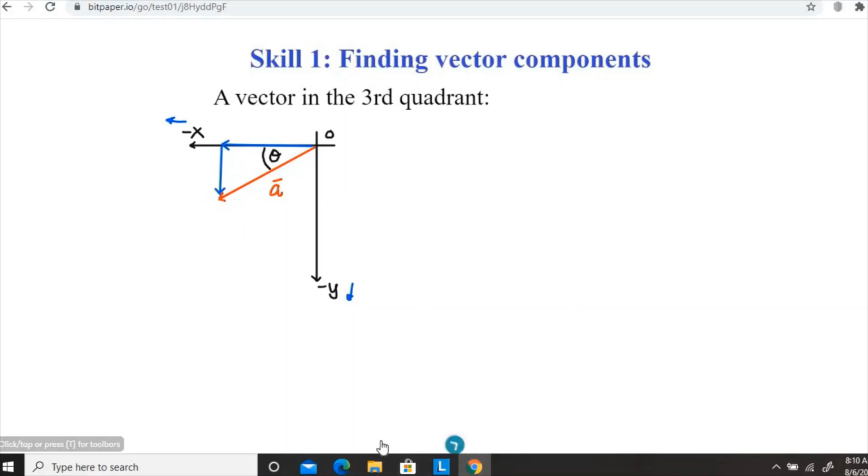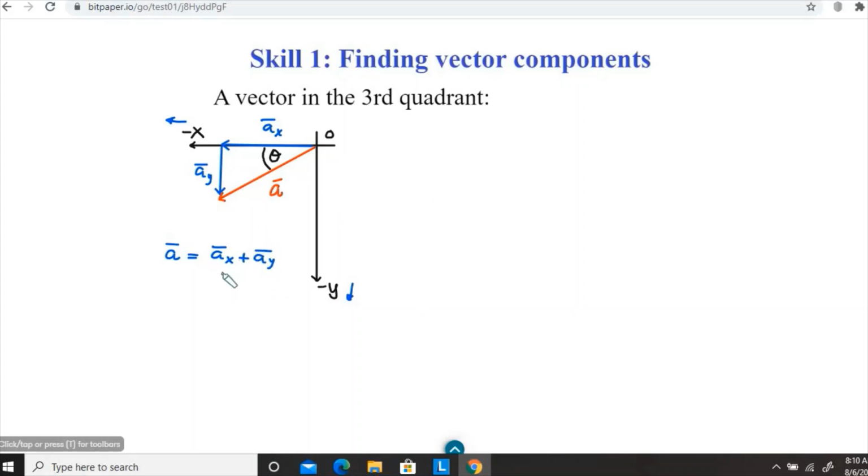Let me label those component vectors ax vector and ay vector. Again, from the head to tail arrangement, you can clearly see that the vector sum is simply A vector equals ax vector plus ay vector.